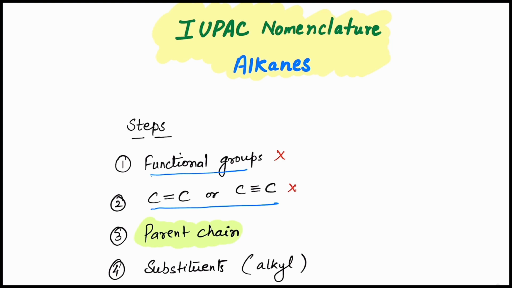Once you identify the parent chain, the next step is to find the substituents. Interestingly, for alkanes, the substituents are going to be only the alkyl groups. Alright, so let's see some examples now and write some names for alkanes.